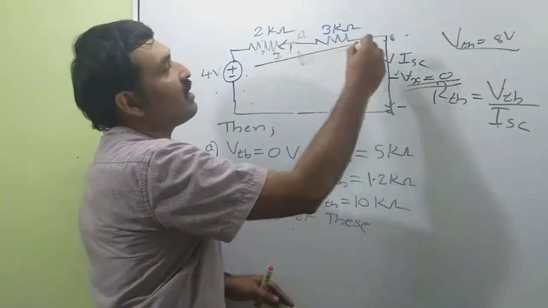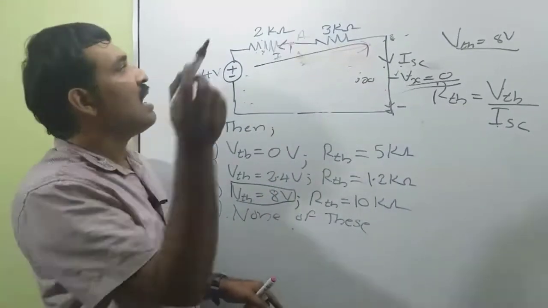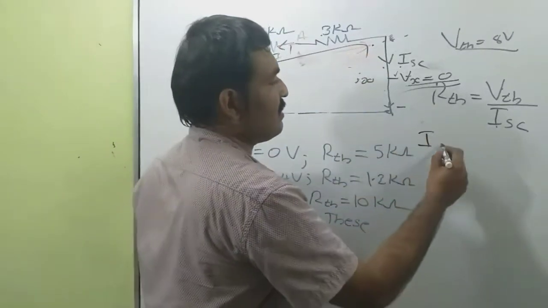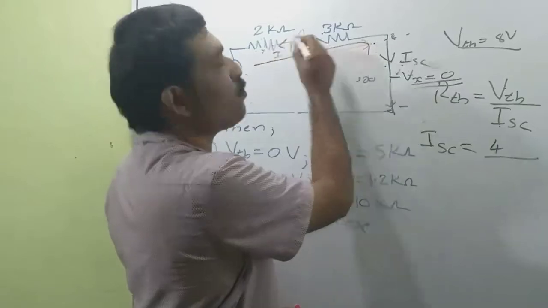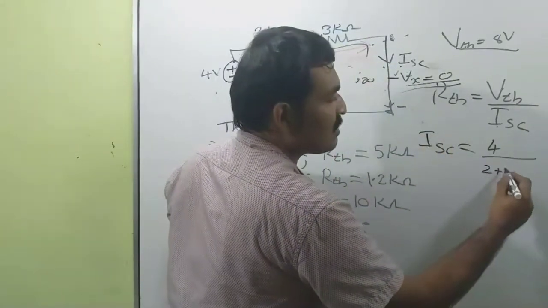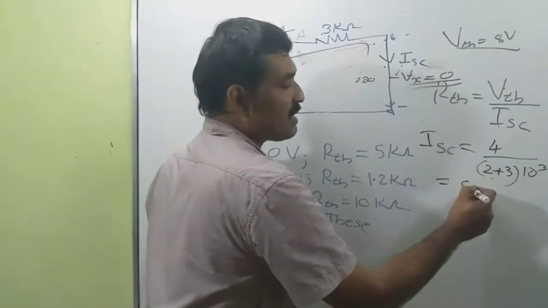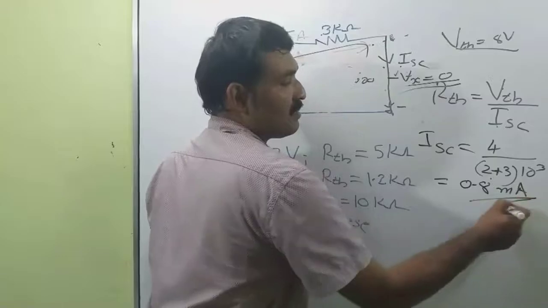Now we can calculate the value of ISC. So we have an independent 4 volt source and two resistances, 2K and 3K. So ISC is equal to 4 divided by 2 plus 3K, that is 2 plus 3 into 10 raised to 3, that is equal to 0.8 milliampere.